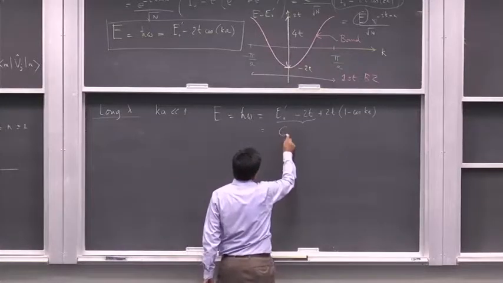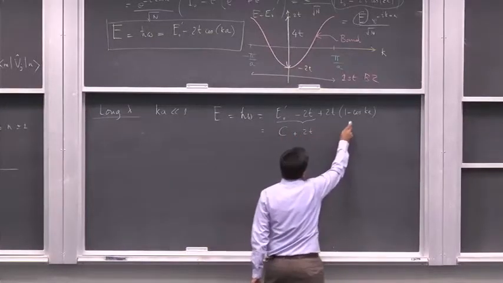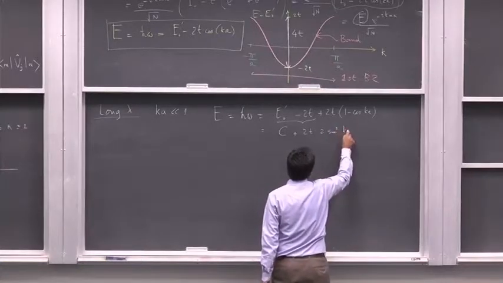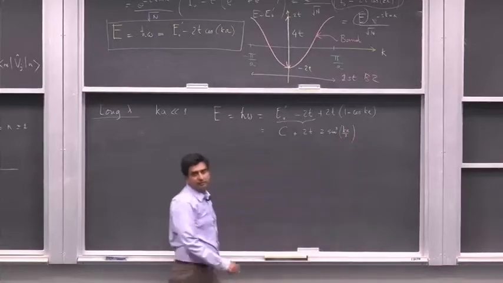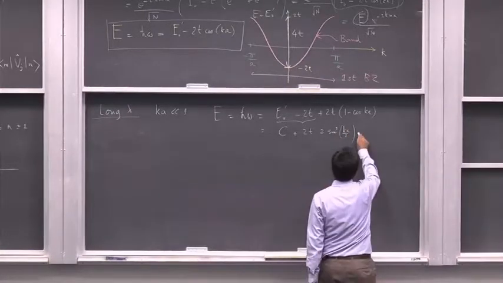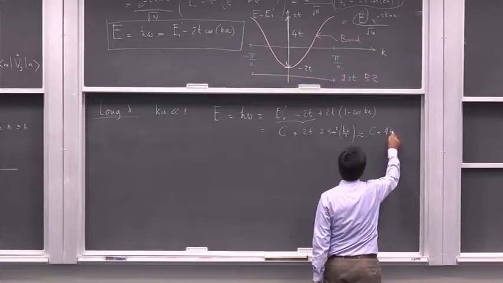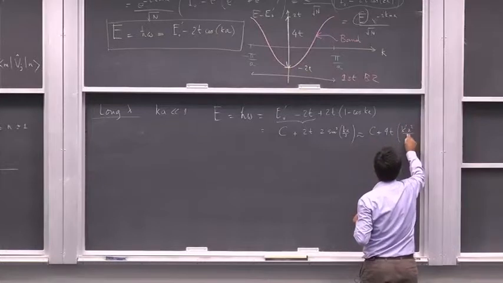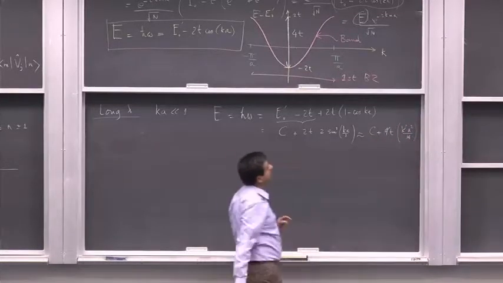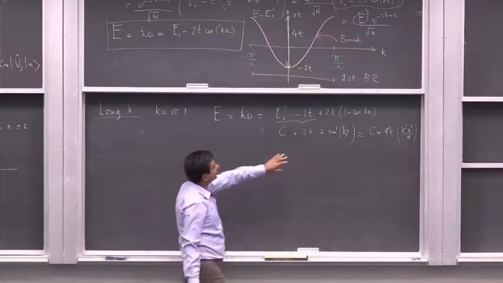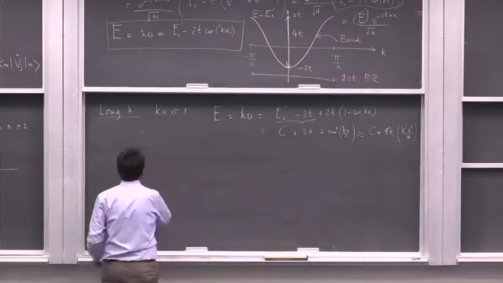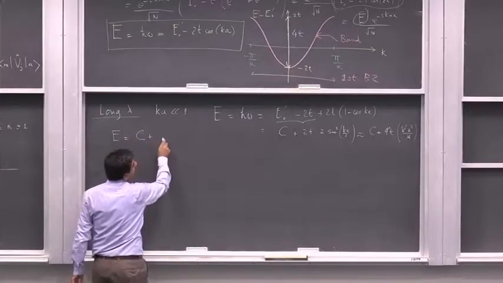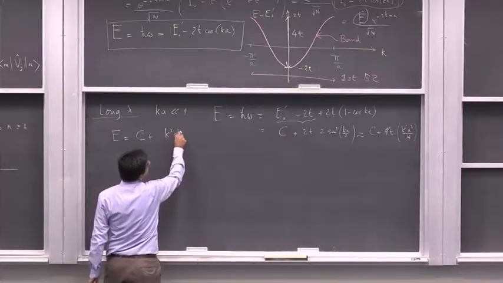So this is some constant C plus 2t (1 minus cosine Ka), and 1 minus cosine Ka is 2 times sine squared of Ka over 2. This is C plus 4t sine squared of Ka over 2. Now this term becomes K squared a squared over 4. So barring this constant factor, the energy is some constant plus K squared a squared t.